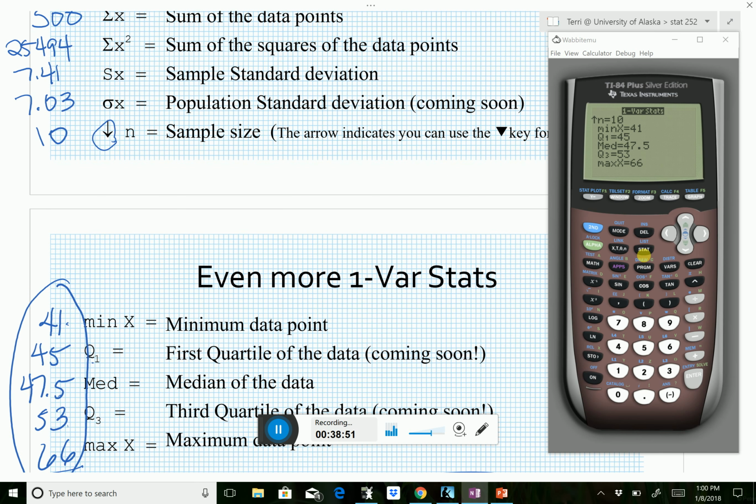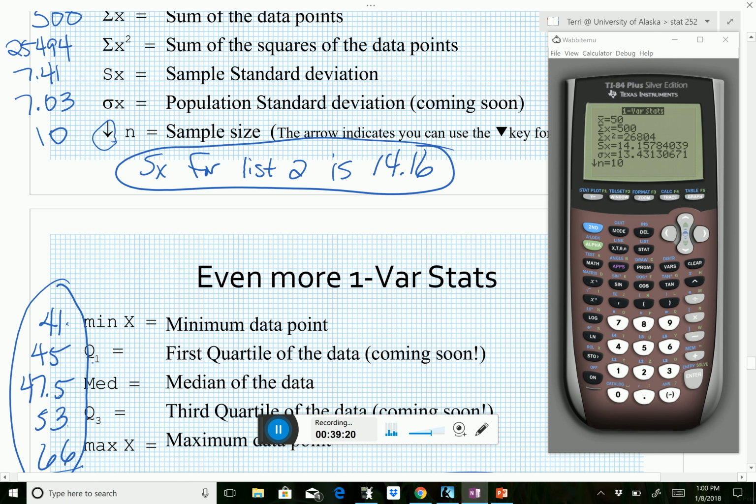Now, if I wanted to find the second one, I would simply just go stat, calc, 1-Var Stats, and change this to list 2. And I could very easily find the second one. Now, the second one still has a mean of 50, but I want you to notice what the difference is. Look at the S for the second one. So the Sx for list 2 is 14.16, much more variable.